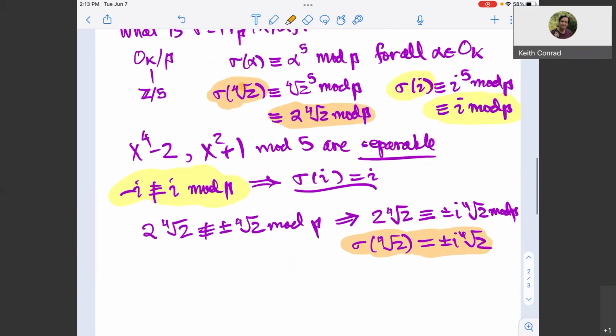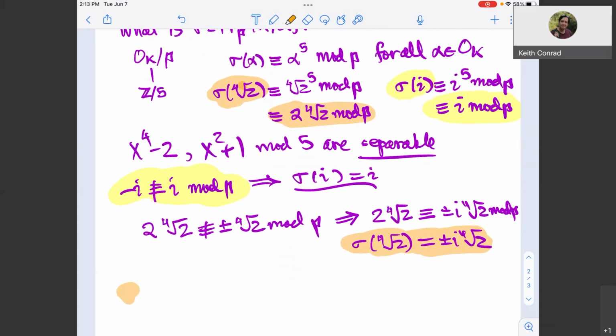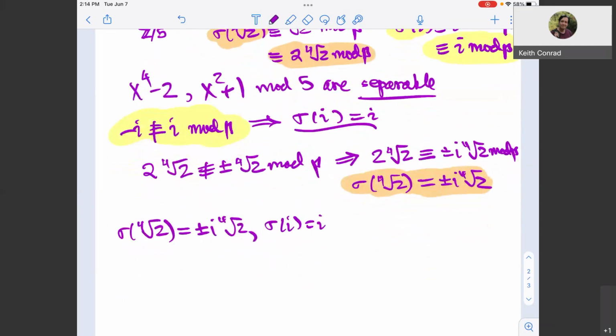So there's some information. So, whoops, sorry about that. So sigma of the 4th root of 2, we'll just write it down again, is that, and sigma of i is definitely i. So we have two options here.